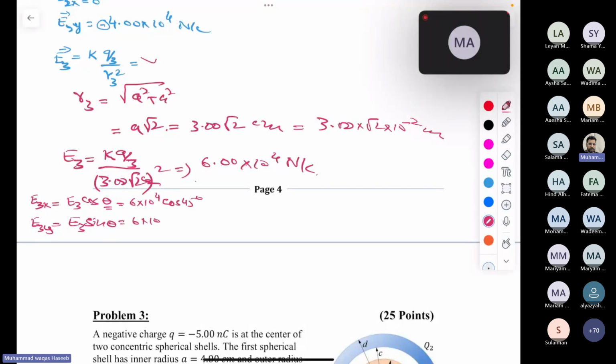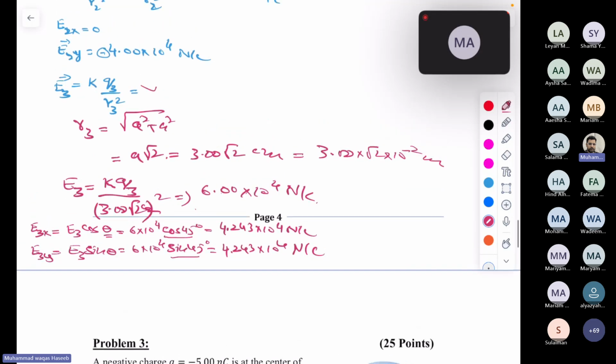Similarly, 6 × 10^4 sine of 45 degrees. So E3x is 4.243 × 10^4 Newton per coulomb, and E3y is 4.243 × 10^4 Newton per coulomb, because sine 45 and cos 45 both have the same value.